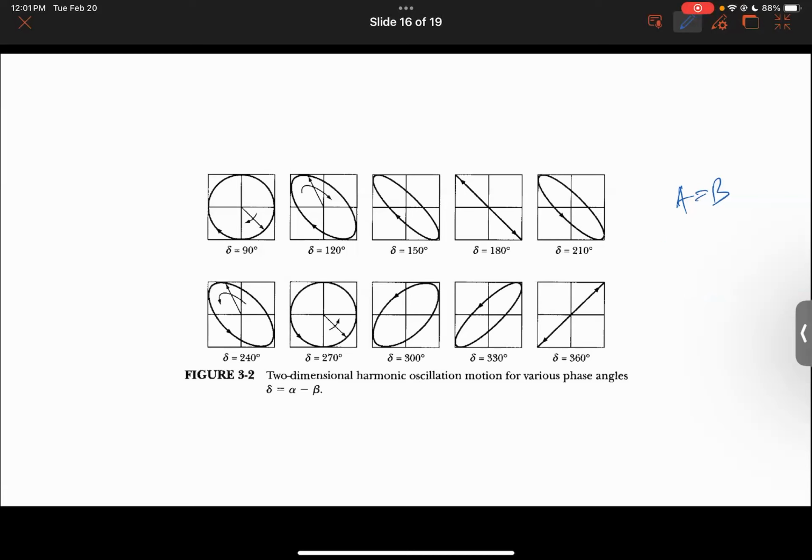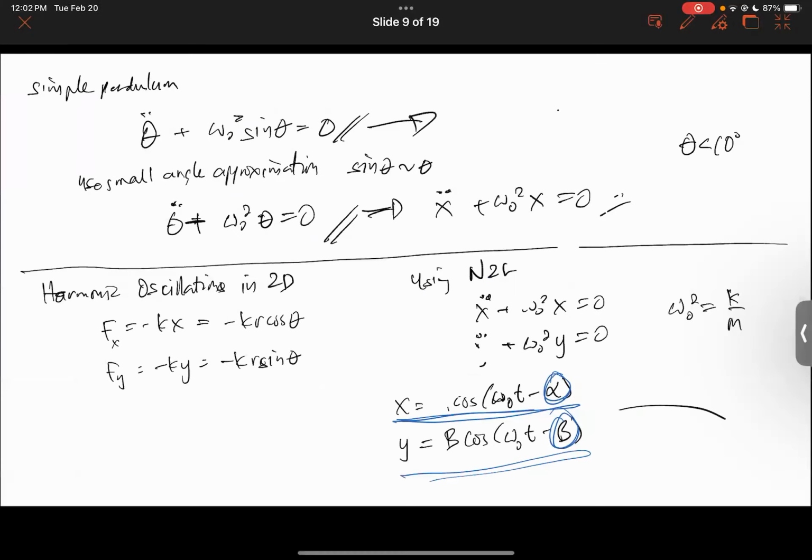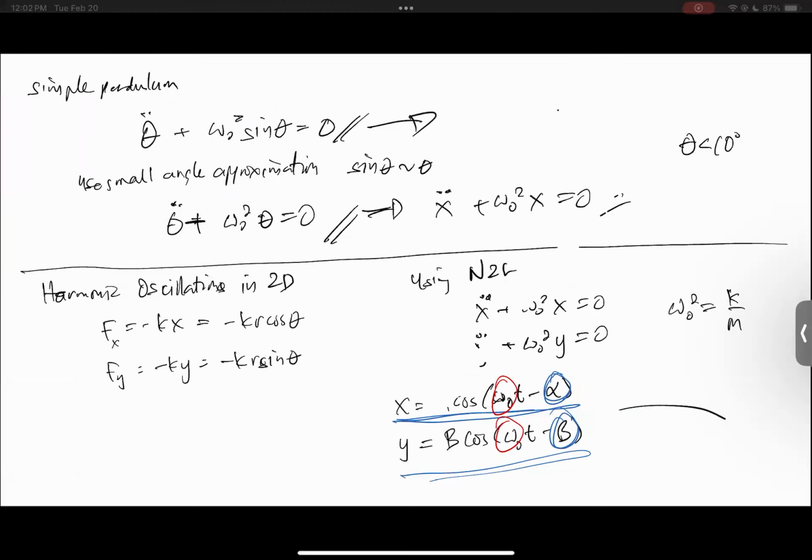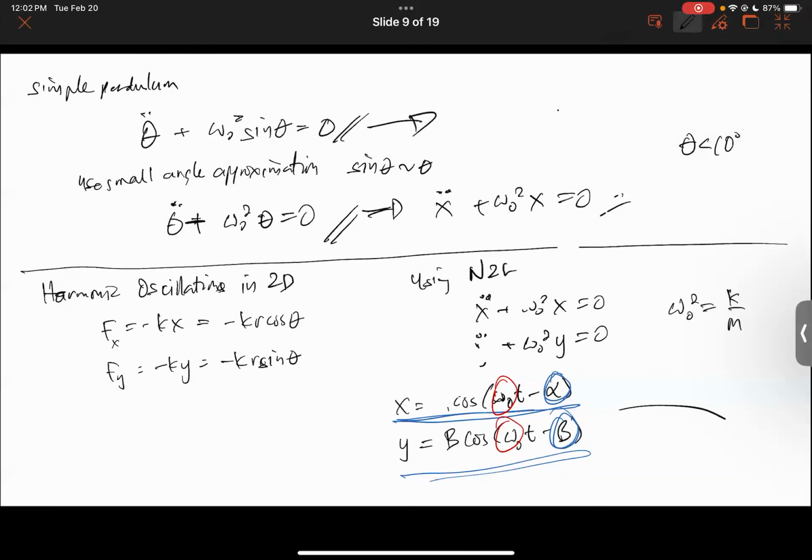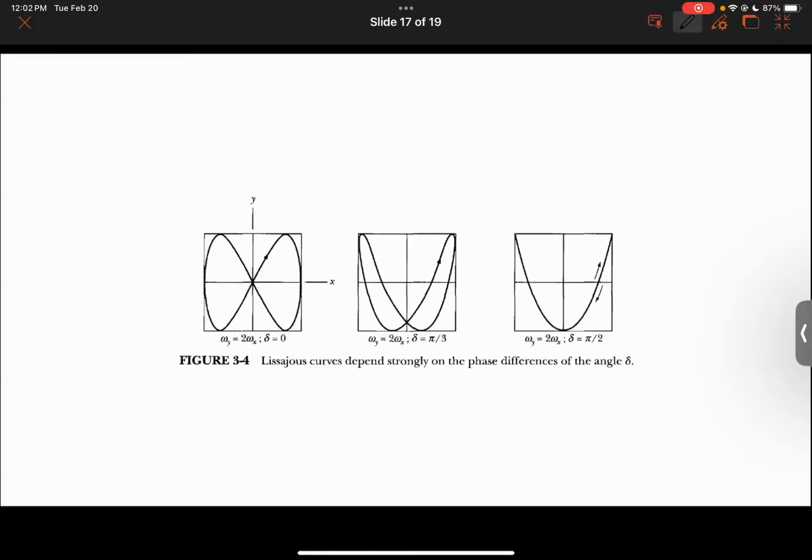If we consider the angular frequencies that aren't equal, and they are fractions of each other, makakuha tayo nung tinatawag na Lissajous curves.